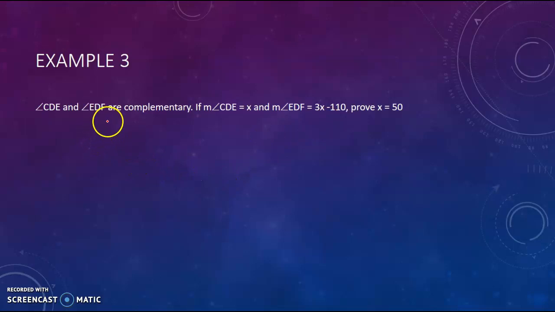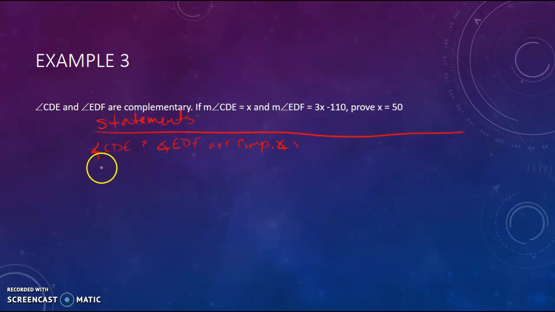So when it comes to statements, we're going to start with angle CDE and angle EDF are complementary angles, and measure of angle CDE equals x, and the measure of angle EDF equals 3x minus 110. So both of those I'm going to write given next to.